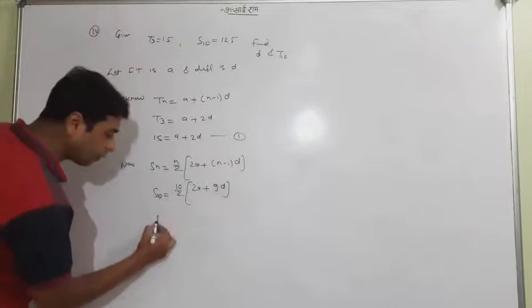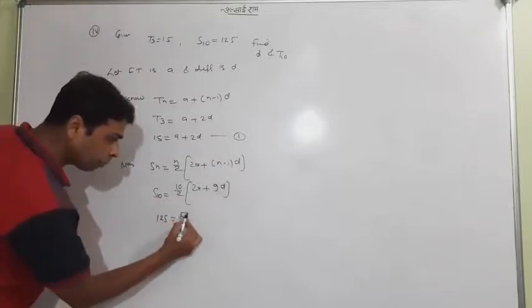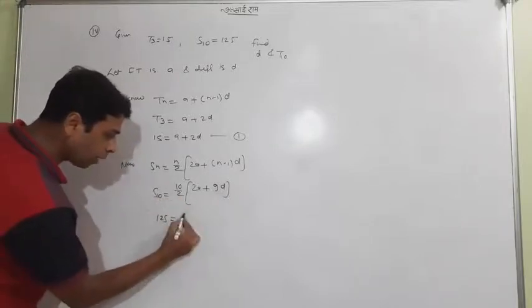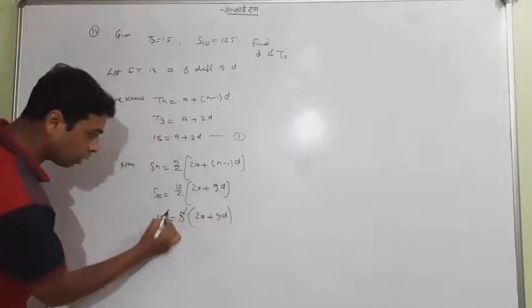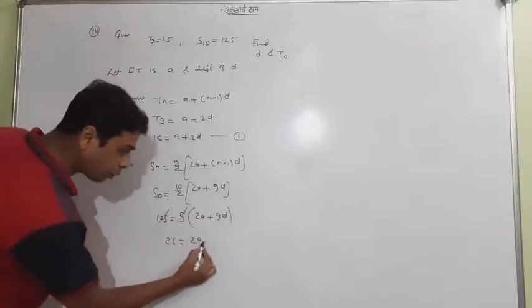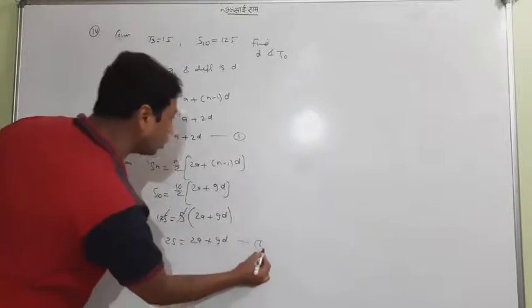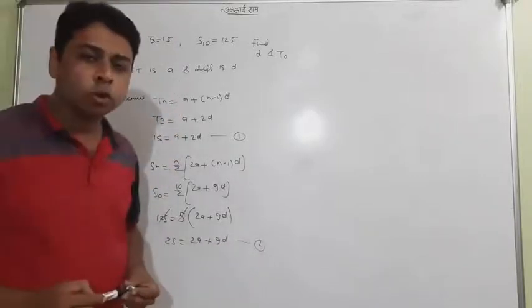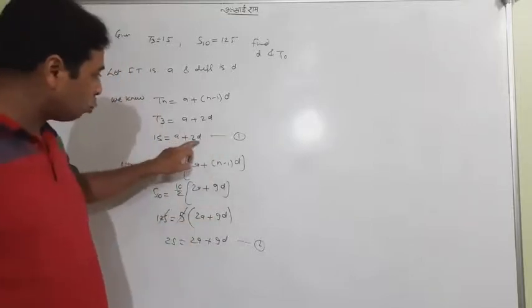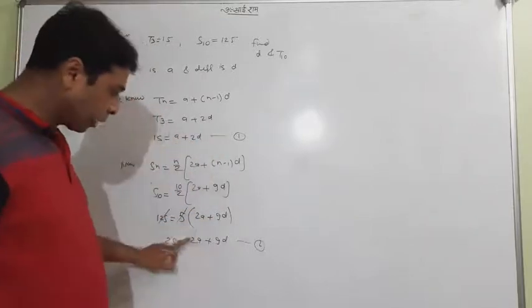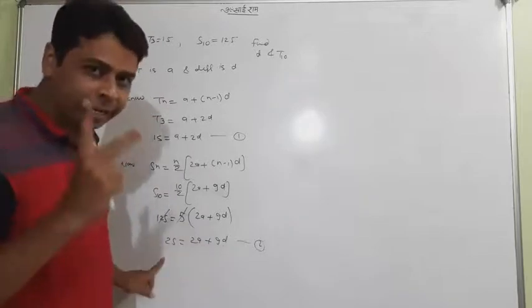S10 equal to 125. 10 by 2 means 5, and 2a plus 9d. So we cancel by 5 to get 25. So this is equation 2. Right now I'm leaving the question from here, because a plus 2d equal to 15 is one equation and 2a plus 9d equal to 25 is the second equation.